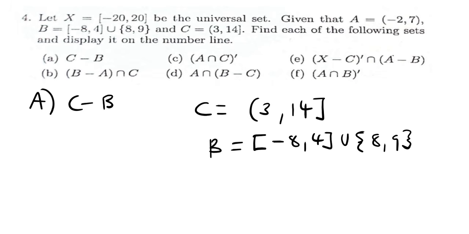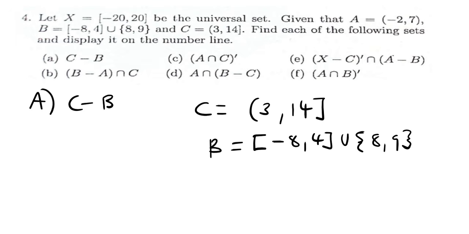So in this case, what are we now going to do? This one we have to be very, very careful. We're trying to find the set and display it on the number line.